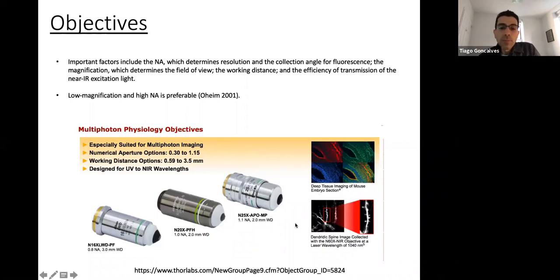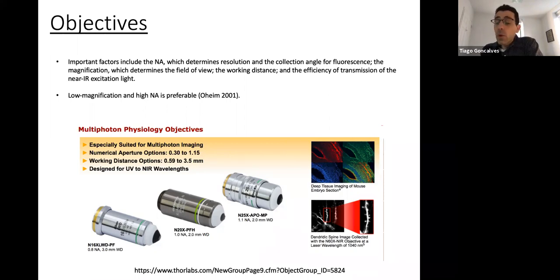Now, the most important parameters of an objective for 2-photon are the magnification, but you actually want to have the numerical aperture. That's the most important thing. And you need a good working distance. Working distance is basically how far the area that you're imaging is physically from the objective.